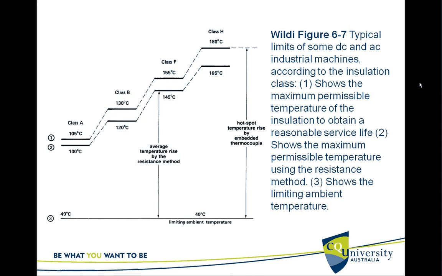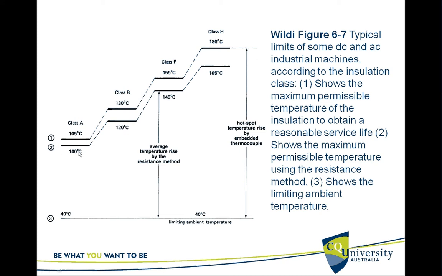Now this one shows typical limits of some DC and AC industrial machines according to the insulation class. The first curve, number 1, shows the maximum permissible temperature of the insulation to obtain reasonable service life.